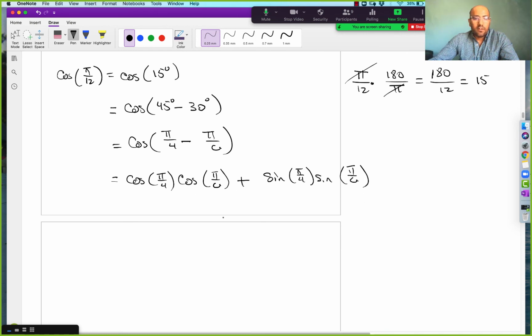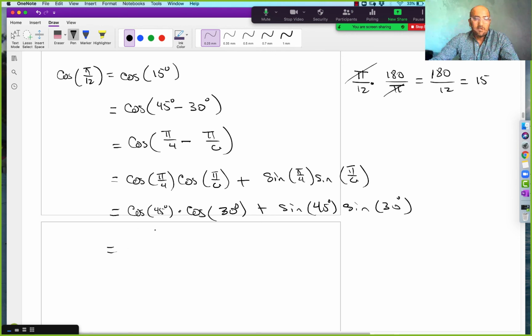Again, if you're having trouble with all the radian values, that's okay. You don't have to go to radians. You can stick to the degrees. You can say that this is cosine of 45 degrees times cosine of 30 degrees plus sine of 45 degrees sine of 30 degrees.